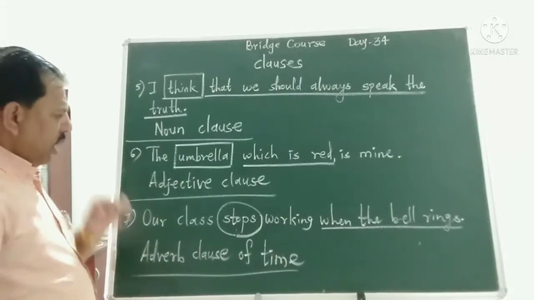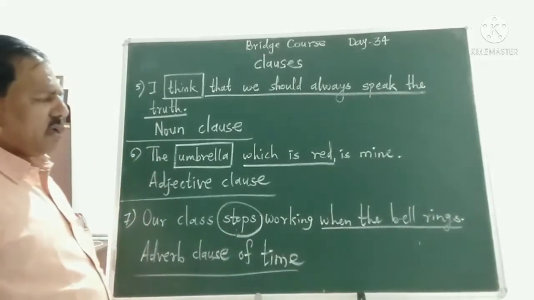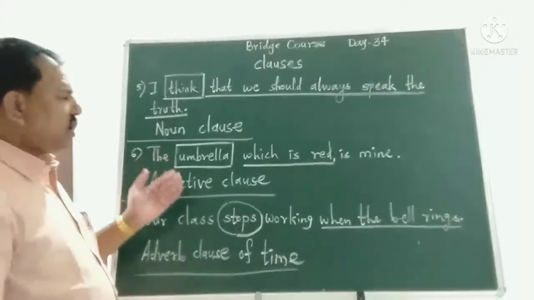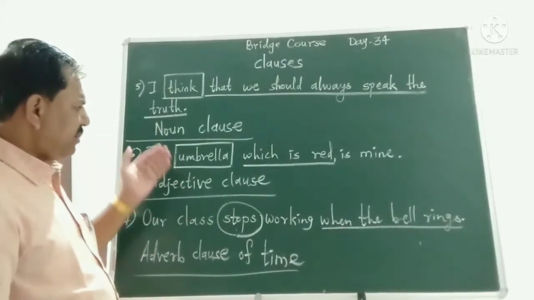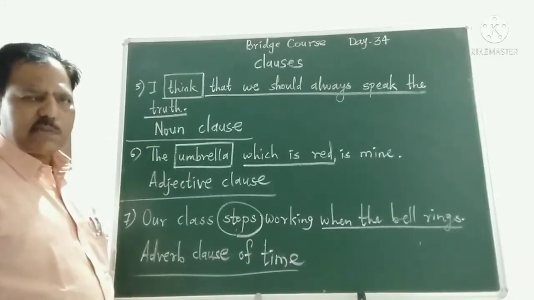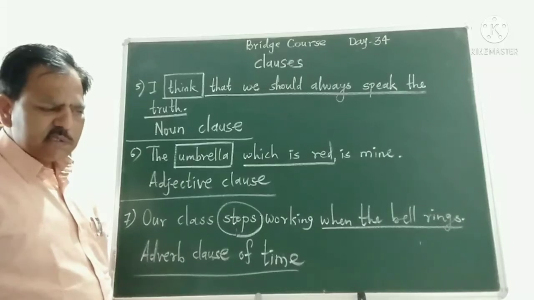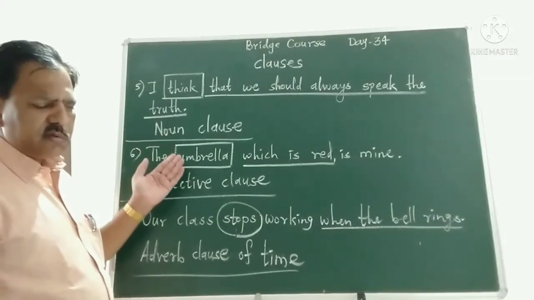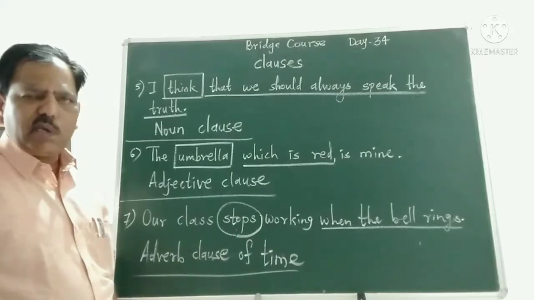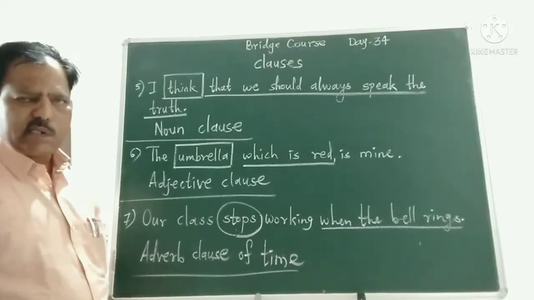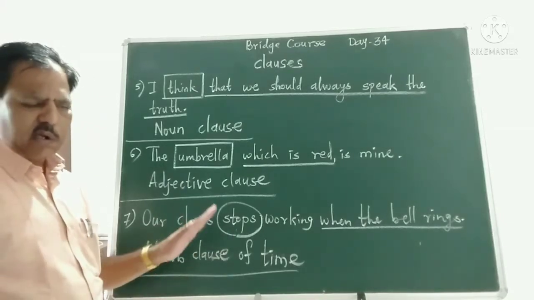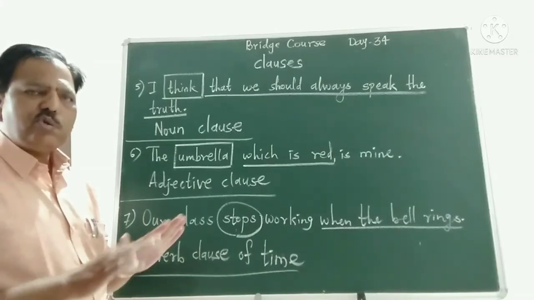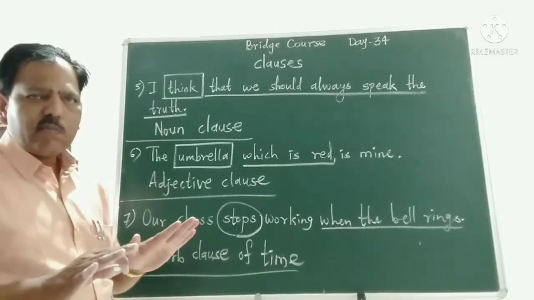So in this way we can identify, underline subordinate clause and know its type, name the type of the subordinate clause. Now friends, in this topic we have been given one more activity of matching the pair of main clause and subordinate clause using a playway method.